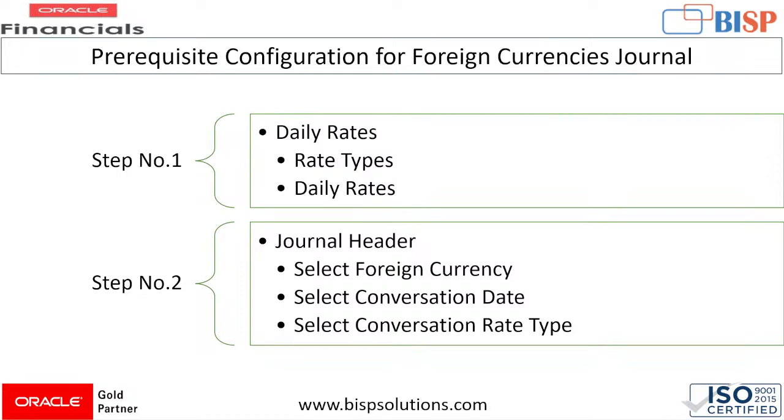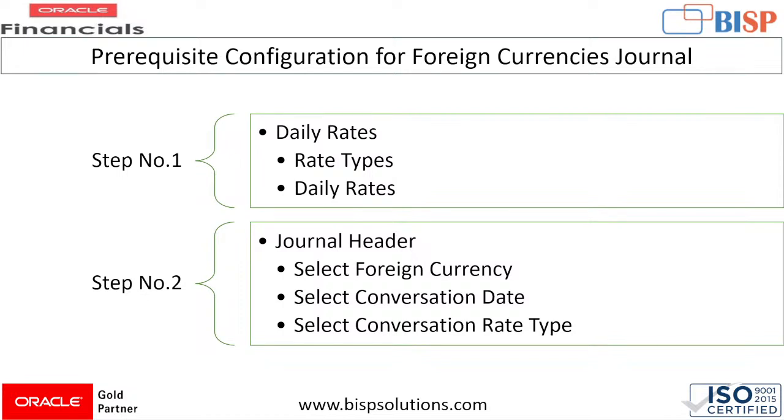And while creating a journal in the journal work area, in the journal headers, we will select a foreign currency that we have provided, that is, we will select INR as the foreign currency in the US general ledger, that is BISP US general ledger, and select the conversion date and also the conversion type.